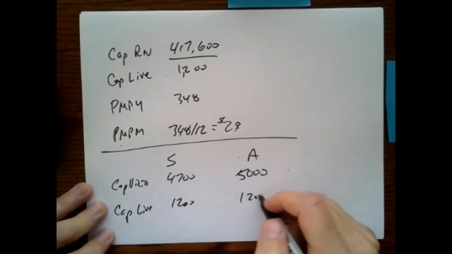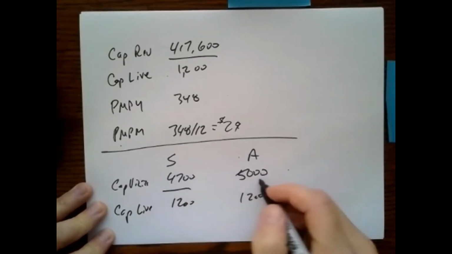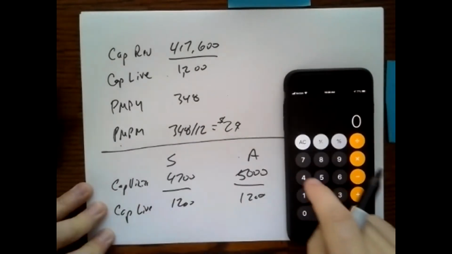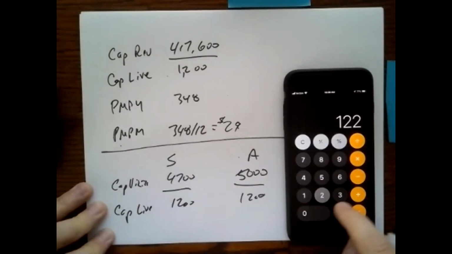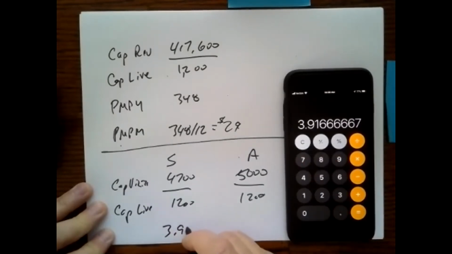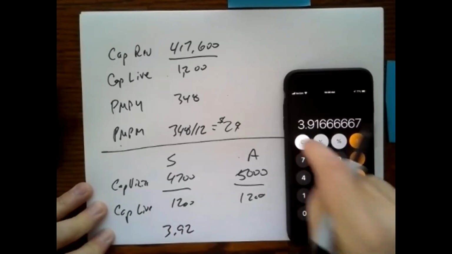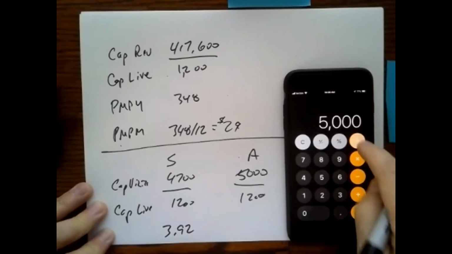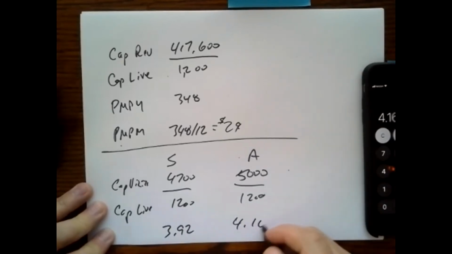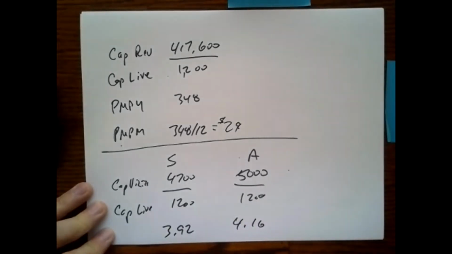Our actual number of capitated lives was 1,200. So 4,700 divided by 1,200 is 3.92. Our actual was 5,000 divided by 1,200, 4.17, whatever, it doesn't matter.